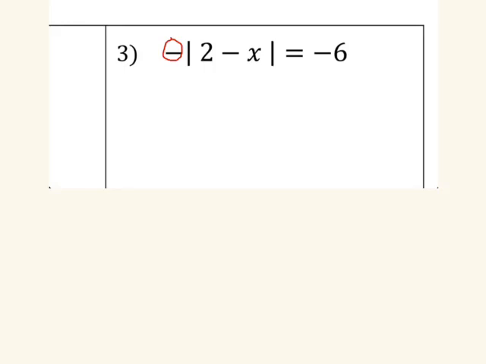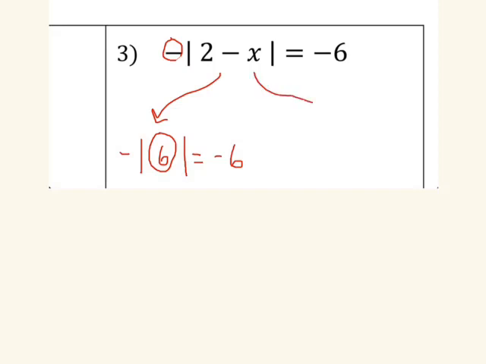So let me just start off by describing this over here. This basically is saying if in fact we have negative the absolute value of 6, it's equal to negative 6. So that will give us the solution. If we can get an answer in which inside of this absolute value we end up with a 6, we will have a correct answer.